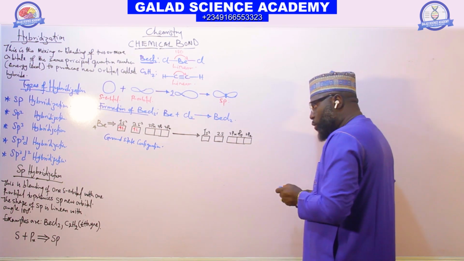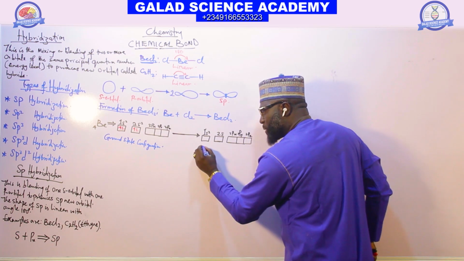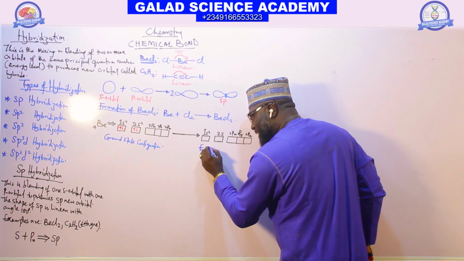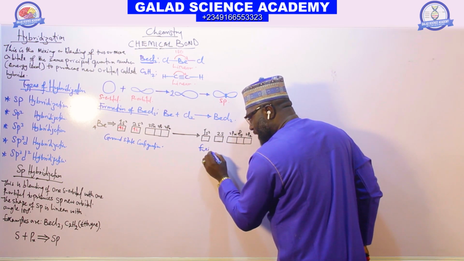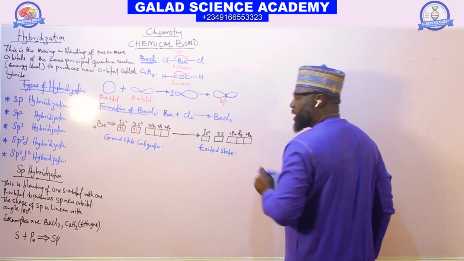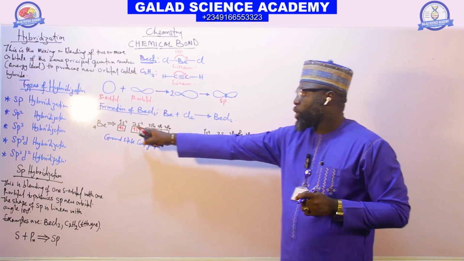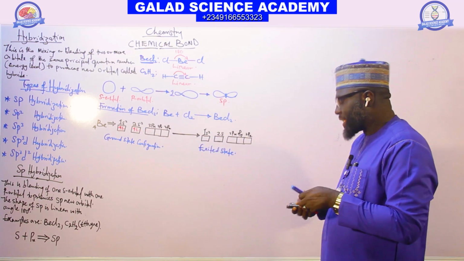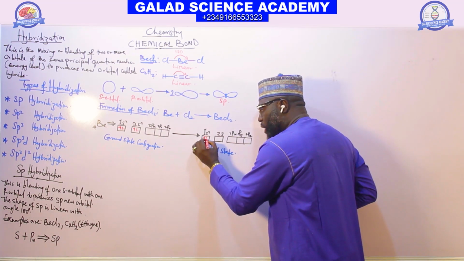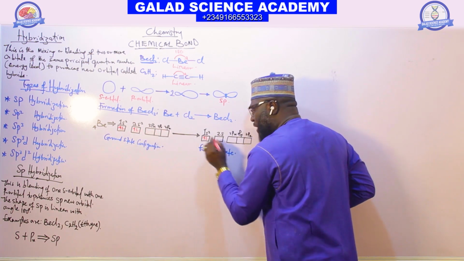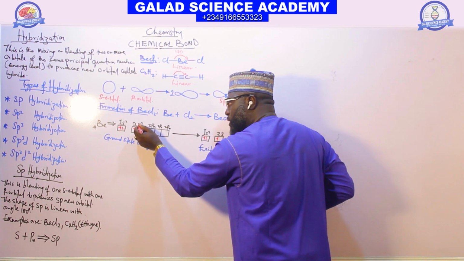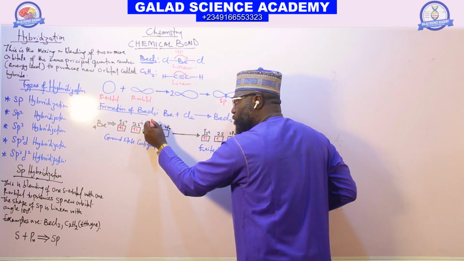So ground state and excited state of beryllium. At excited state, we have 1s2 electrons here. Out of the 2 electrons we have here in 2s, one we promote. We promote from here and it comes to this side.